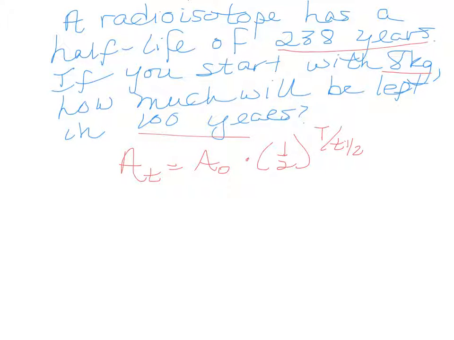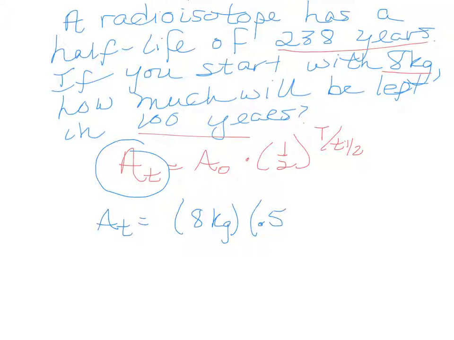So I'm going to plug in what I know so far. We're trying to solve for AT, how much will be left. We know how much we started with, 8 kilograms. We're going to multiply that. I'm just going to change 1/2 to 0.5, to make it easier to calculate.